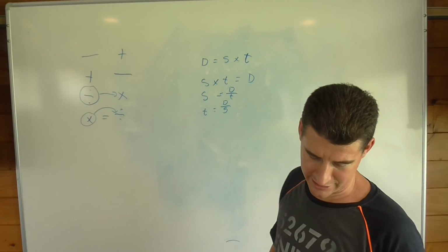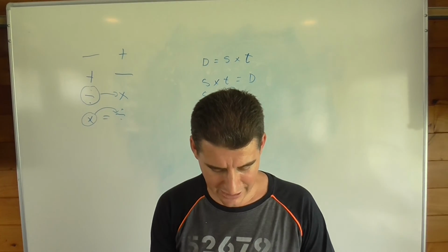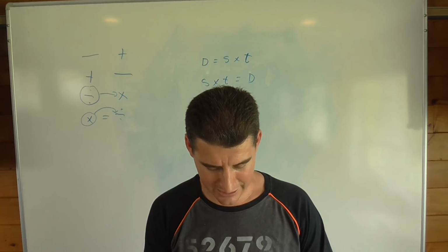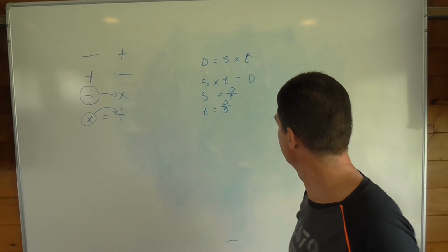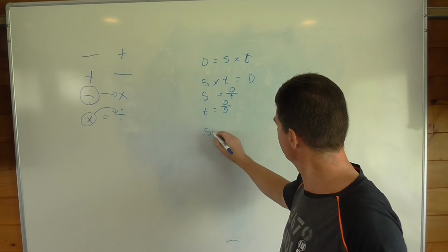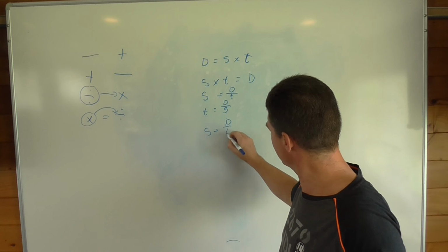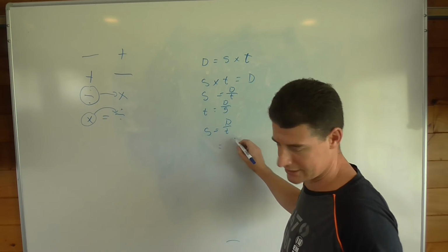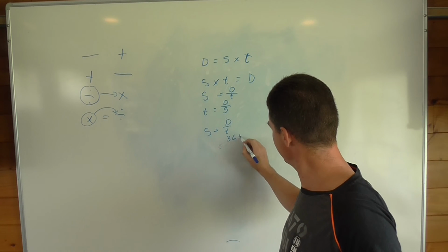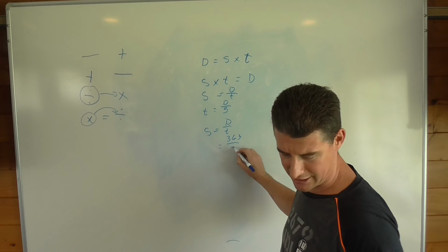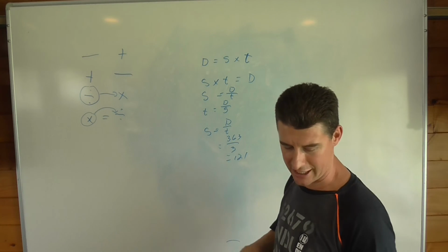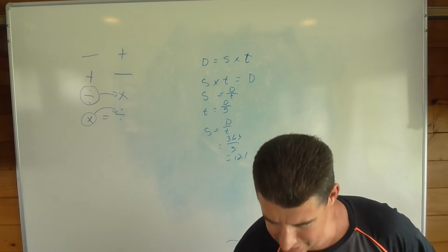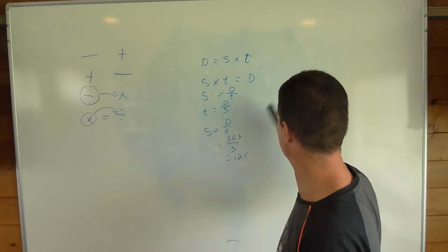Okay, so if a car traveled 363 kilometers in 3 hours, what was the speed of the car? So speed is your distance divided by time. So it's 363 divided by 3 hours. So he was driving about 121 kilometers per hour.